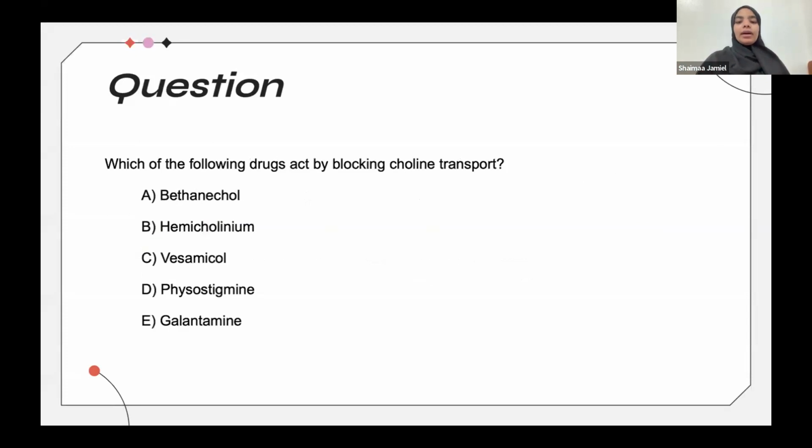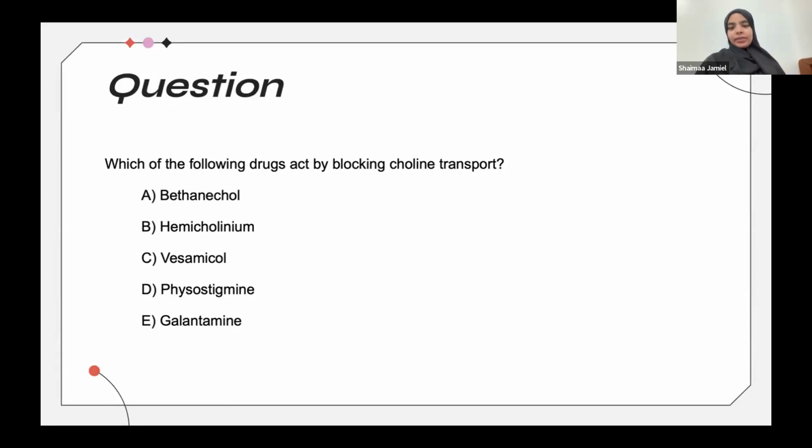Okay. Which of the following drugs act by blocking choline transport? Any other answers?